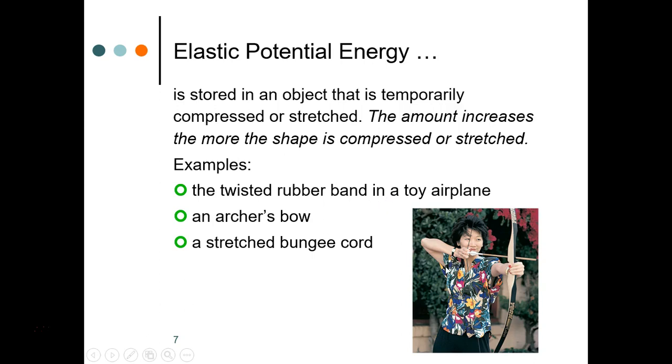An archer's bow can be drawn back, and energy is stored in that compressed shape of the bow, which has the potential to launch the arrow. Finally, a stretched bungee cord has the potential to move back to its original shape and perform work.